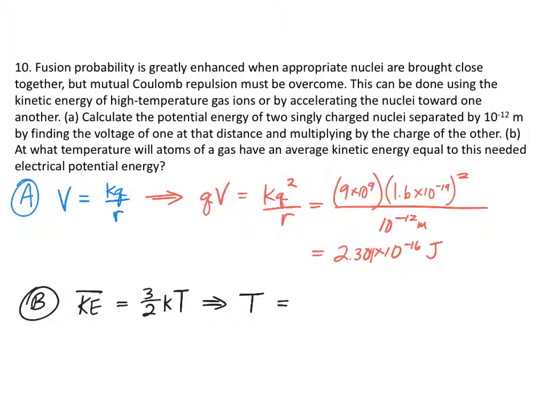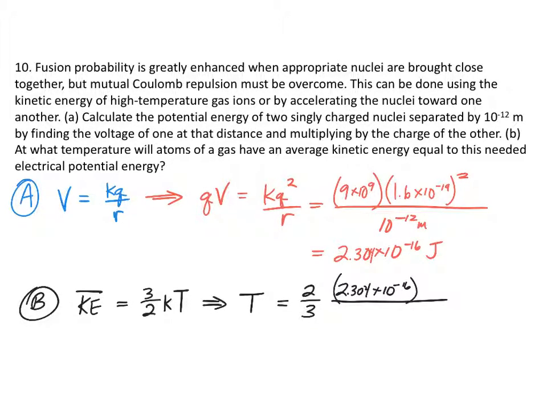So we're going to have 2/3, flipping that 3/2 over. And then for our energy, KE on top will be equal to the QV, or this 2.304 times 10 to the minus 16.